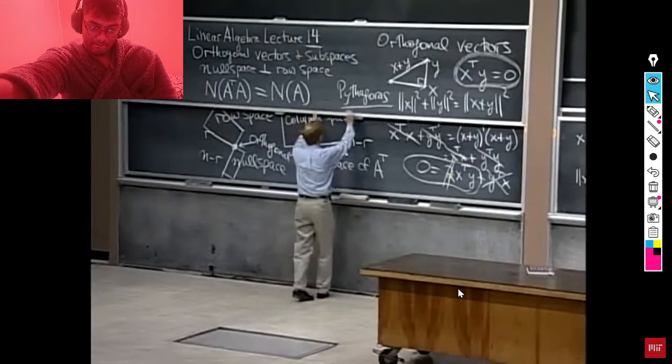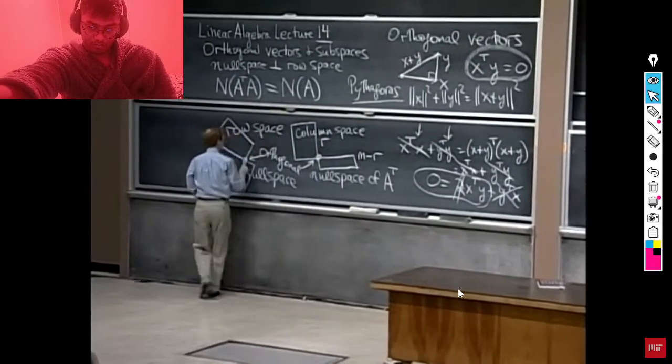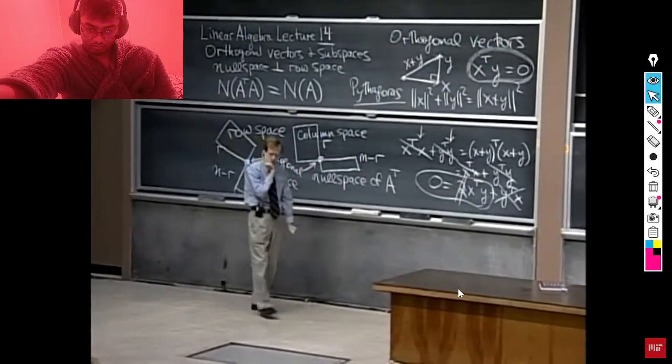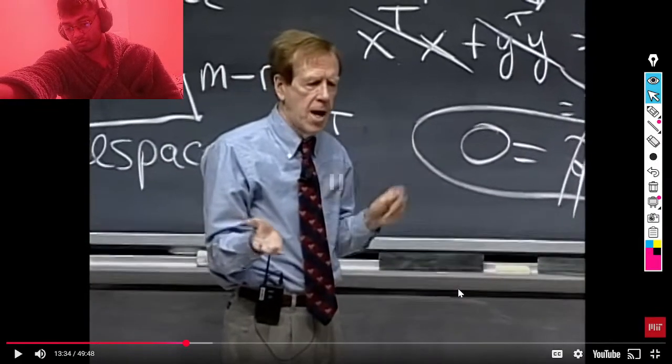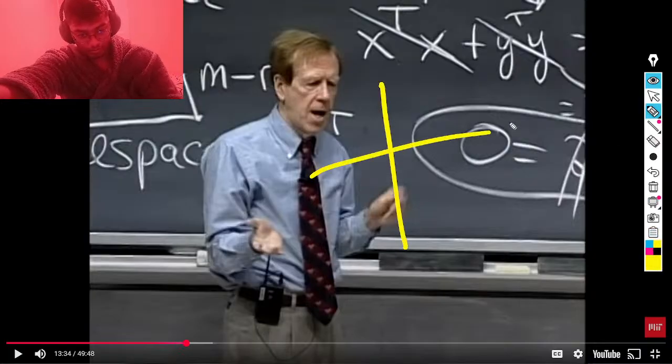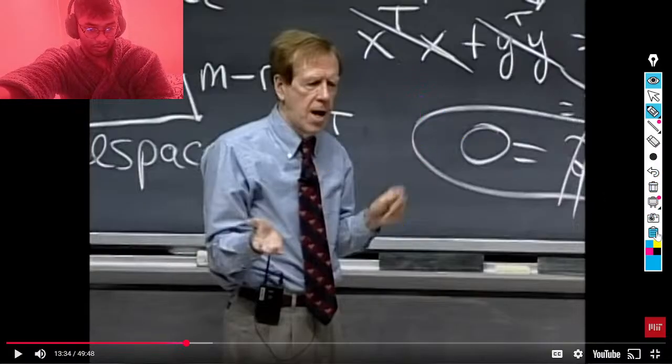But what I now want to speak about is subspace. What does it mean? I understand what he means. He's saying, no matter, if it is not a right triangle, will the inner product be 0?